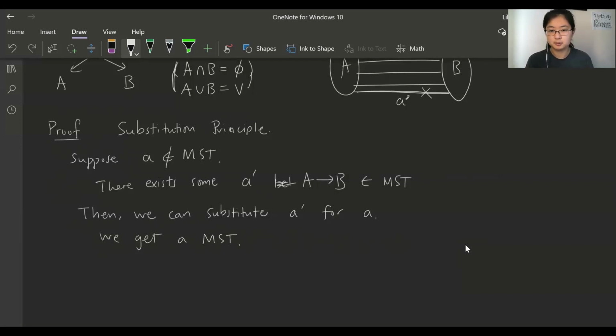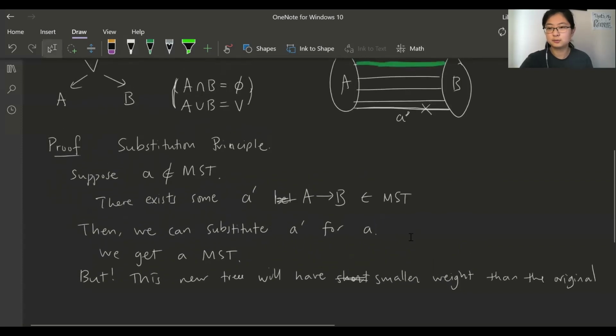Okay? But this new tree will have a smaller weight than the original. Why is this?